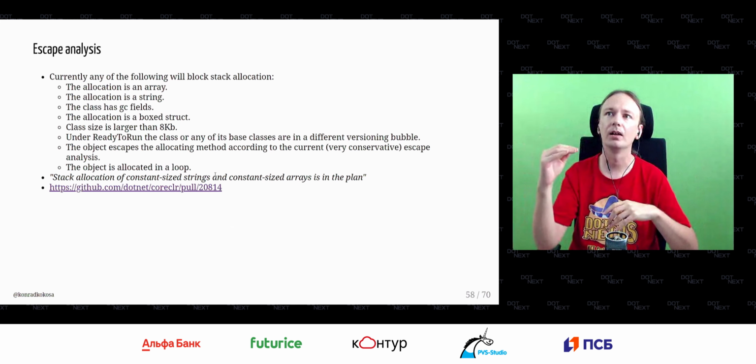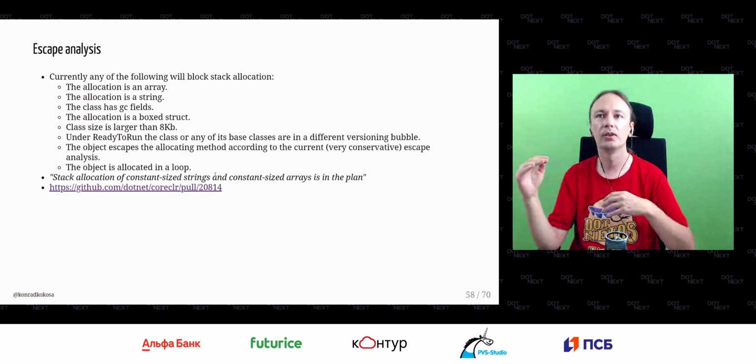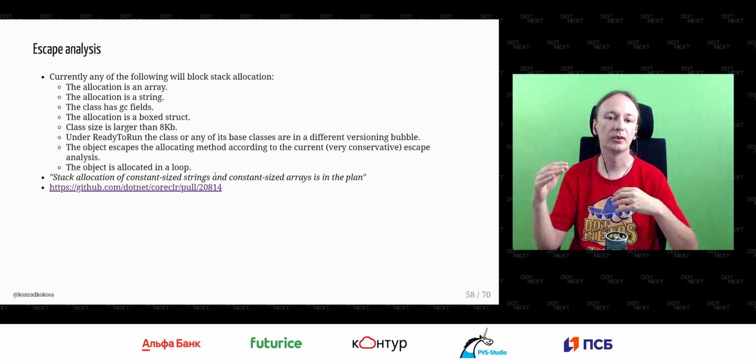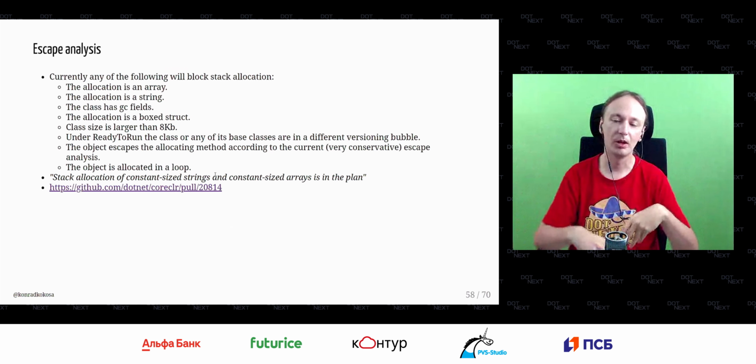There is a set of limitations that will block stack allocation of a reference type. So as we see, we cannot stack alloc strings, arrays. The class cannot have GC fields, so references. There is a set of those limitations because currently we have this limited, let's say, simplified algorithm being used. But that's fine. That's the first step. Also mind-blowing from my side.